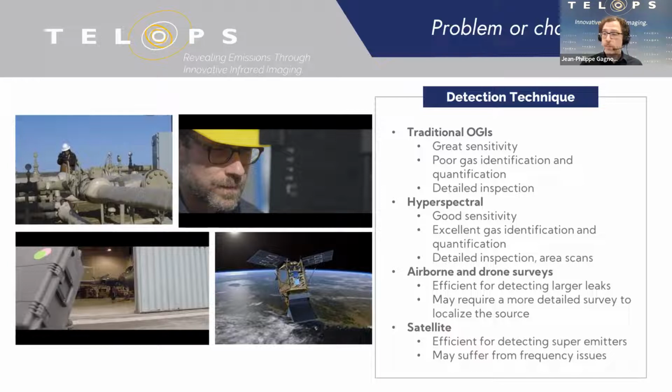And more recently, satellites have been used, and various satellites are now in development that are using this kind of technology from space. And these are very efficient for detecting what we call super emitters, that is, very large emission sources, but being so far in space, the footprint on the ground that these satellites can perform is less accurate.